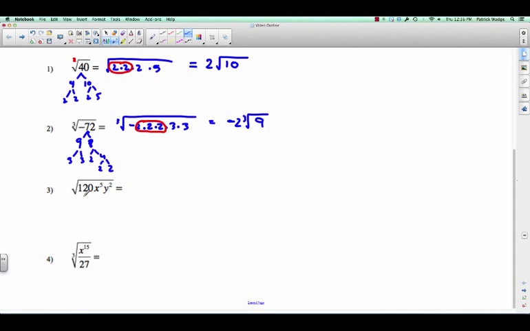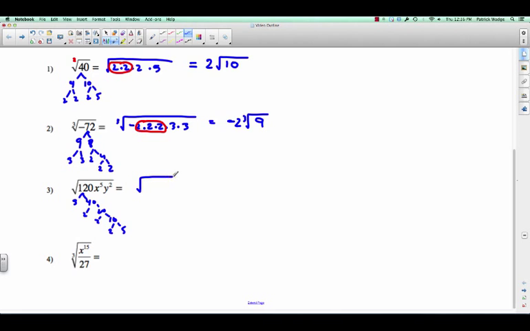So, first of all, I'm just going to worry about the number, 120, and I'm going to make my tree. So, how about 40 and 3, or 3 and 40? And then I'll do 2 and 20, and then 2 and 10, and then 2 and 5.